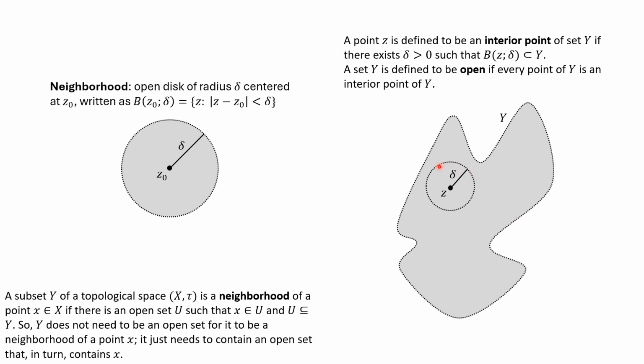But because there's an open set within y that contains z, we would say y is a neighborhood of z based on this definition. But as I say, we're not going to use that definition as far as I recall. It's the more general definition given in topology.